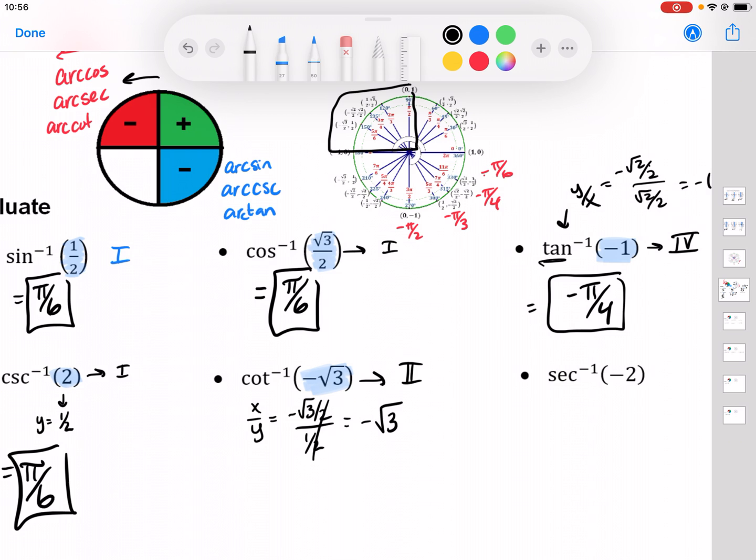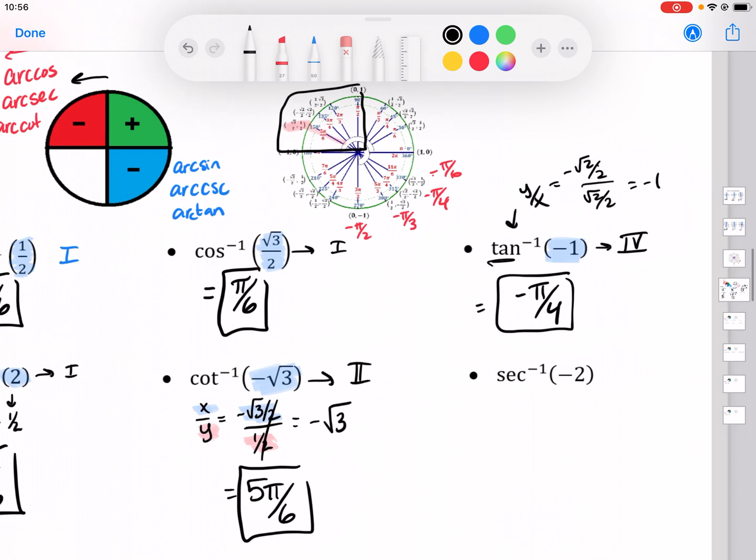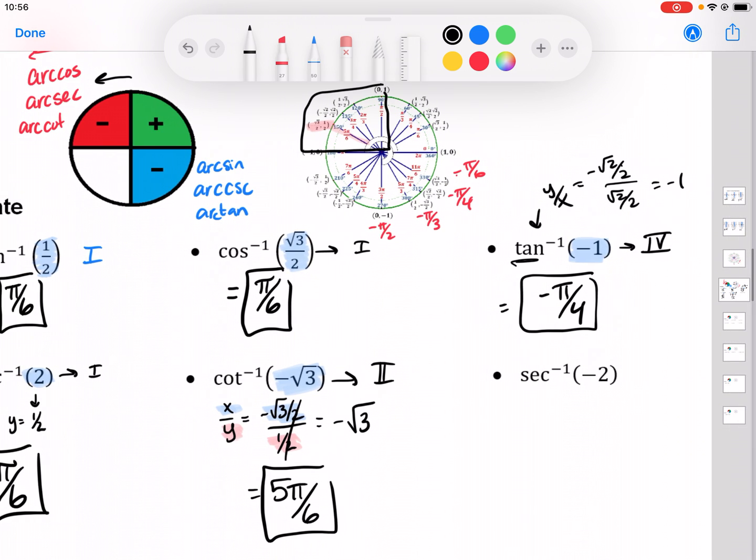Okay, so if the x is -√3 and the y is 1/2, then we've got to be using the angle 5 pi over 6. And as you keep practicing these will get faster, by the way.